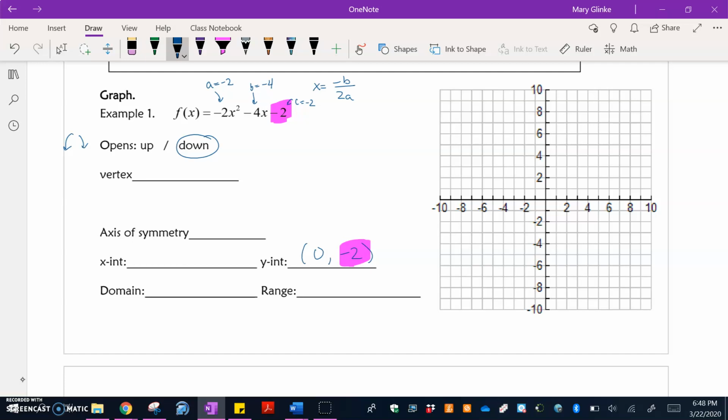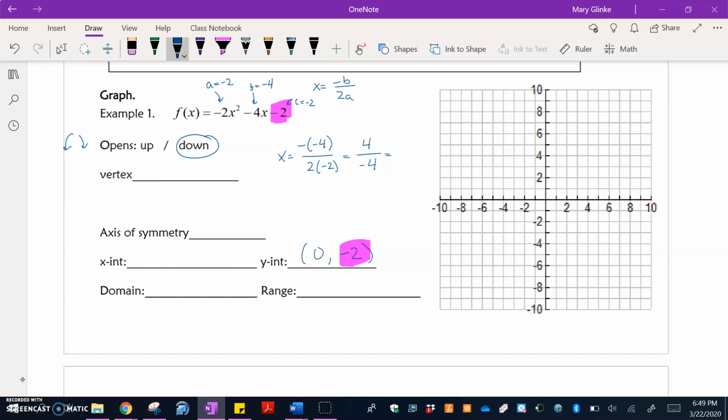We're going to do negative b over 2a. So when I do negative b, I have the opposite of negative 4, divided by 2 times a. And my a value here is negative 2. So when I simplify, negative negative 4 becomes a positive 4. 2 times negative 2 becomes a negative 4.